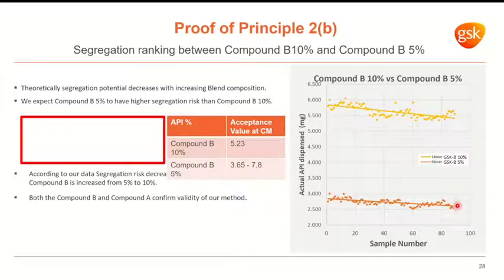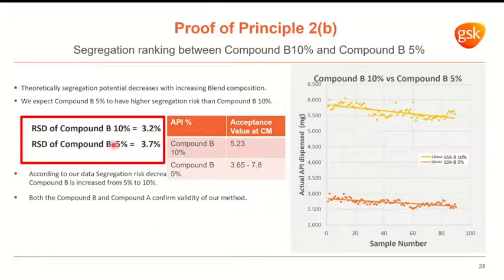And for this one, the targeted value should be 2.5 because it's a 5% blend in a 50 milligram blend. So when we did the RSD, we saw exactly that. For the 10%, we see less segregation than the 5% because for the 10% blend, the RSD is 3.2%, which means less segregation than the 5% blend, which has a 3.7% RSD.